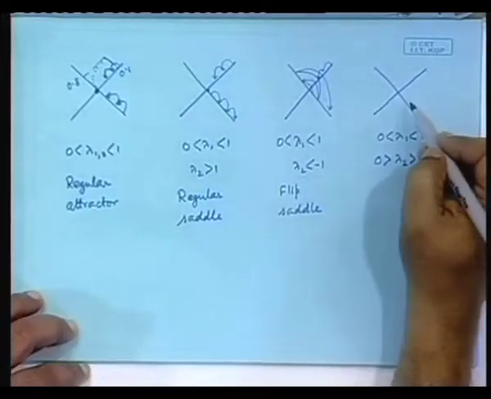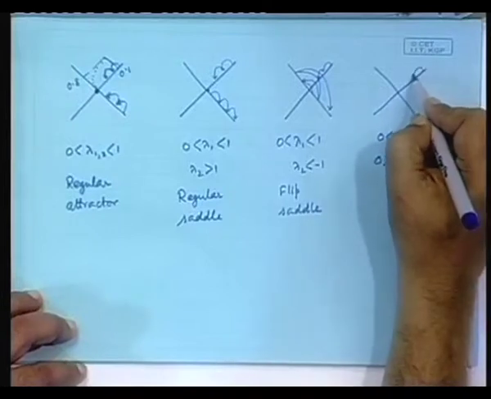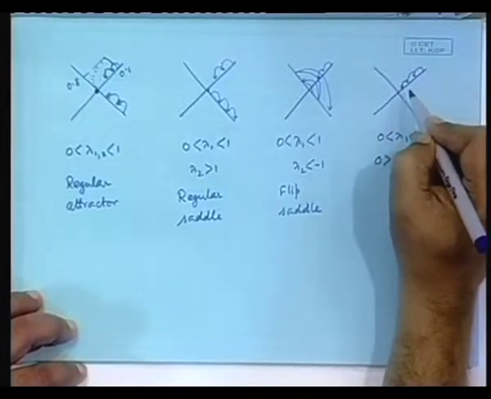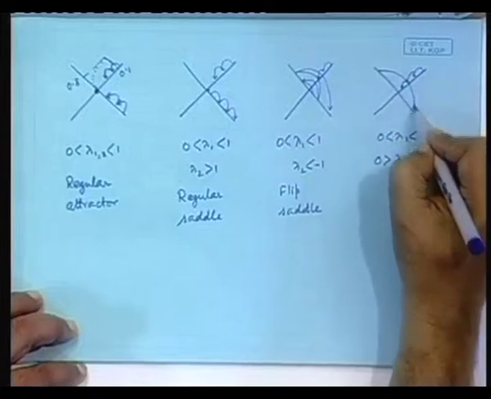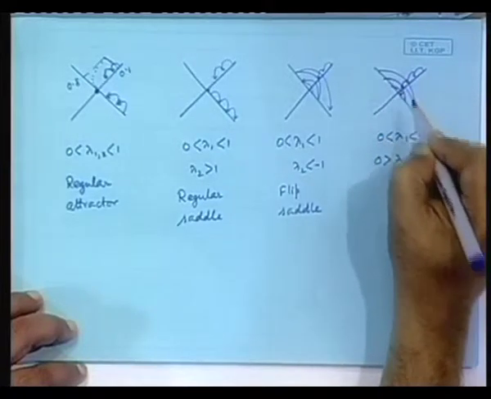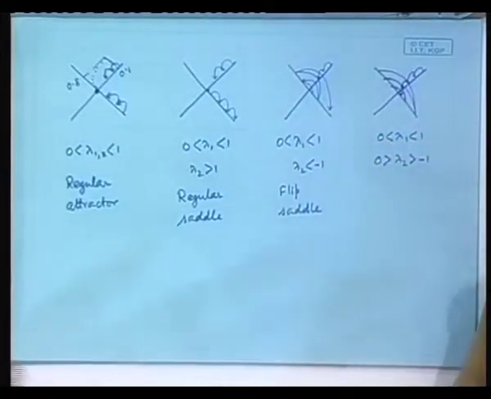So, how will the behavior be? In one direction it would be like this, in the other direction it would be, but nevertheless coming closer. Okay. So, these are the possibilities when the eigenvalues are real. This is flip attractor.